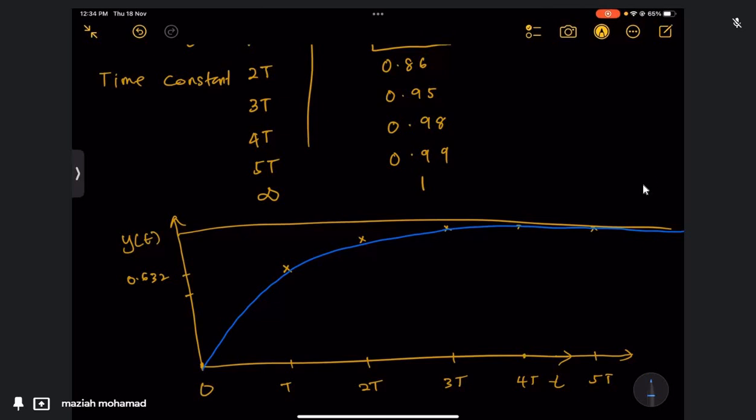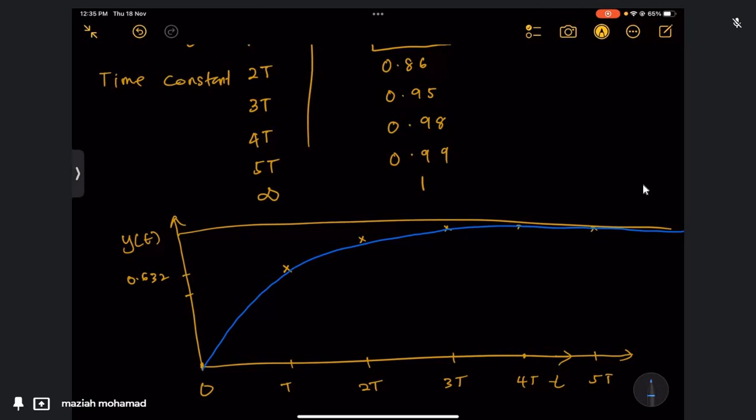It will have this kind of response. It will reach the final value, because here we consider K equal to 1.